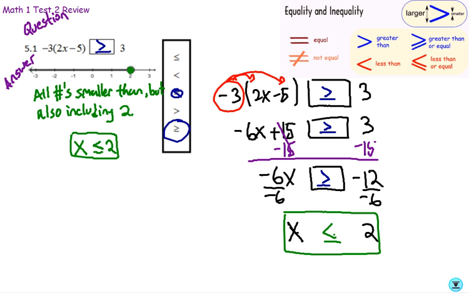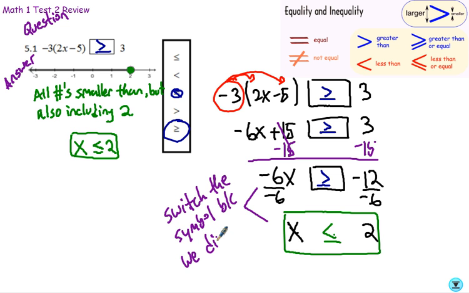So let's make a note there just so we're clear what happened. From right here, we're going to switch the symbol because we divided by negative. Okay.